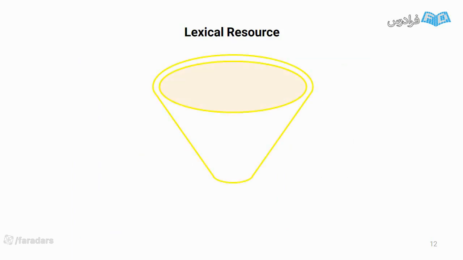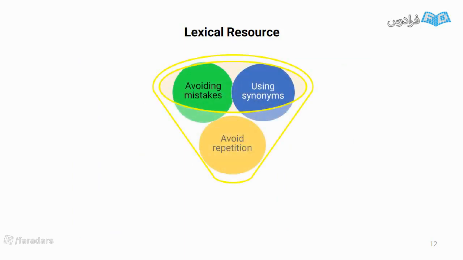Let's check what lexical resource is. Lexical resource refers to your ability to use vocabulary both accurately and appropriately. You will be given a higher score if you look at these points. You have to avoid mistakes. Be careful about collocations. Make sure that they are exactly accurate.